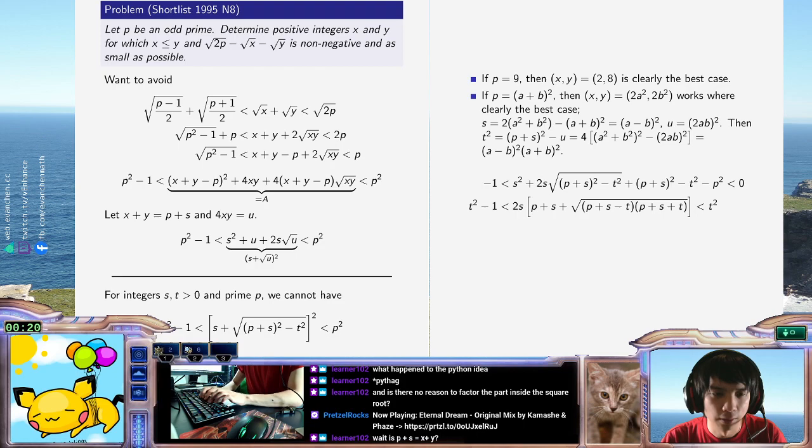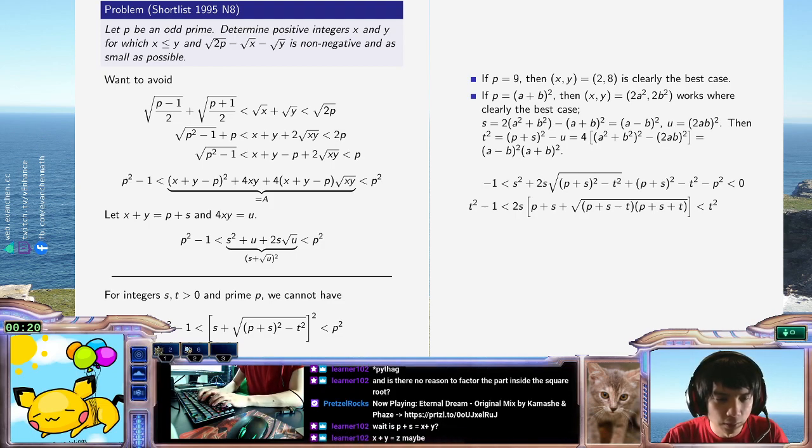Okay, so let r equal p plus s. So we have... oh, that's interesting because it finally isolates p. Cool. Okay, cool. So this is like z minus p or something.